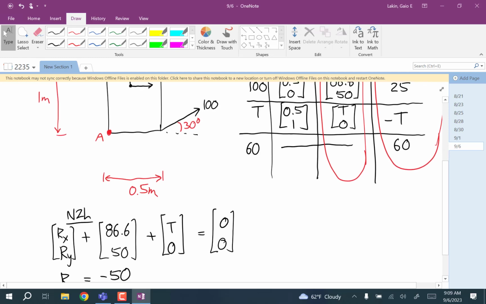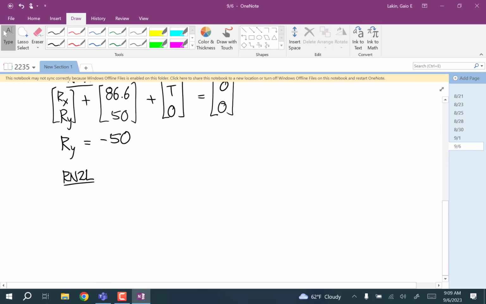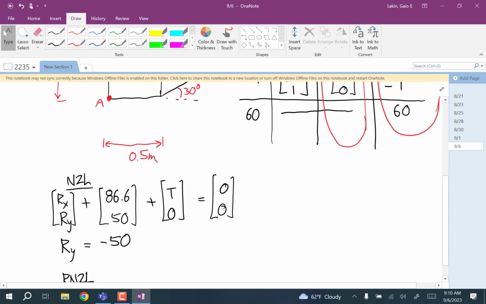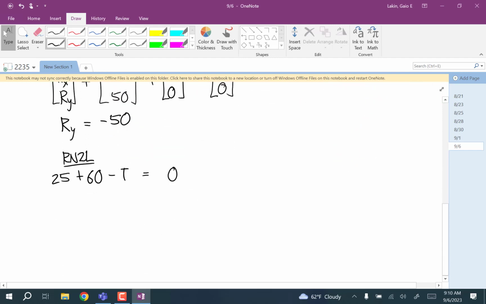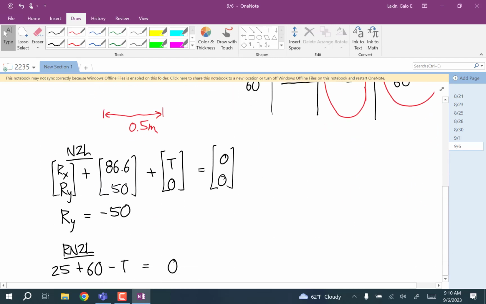So 25 plus 60 minus T is equal to 0. No, I missed the r's. I wish it was that way.